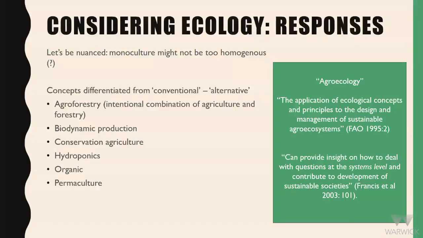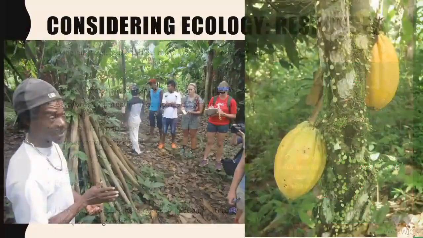And the reason I like it is because we've got a nice way in here. This can provide insight on how to deal with questions at the systems level. So we're not just zooming in, being super specific straight away. We're saying, how does this connect to a wider set of systems? And how can we manage this?